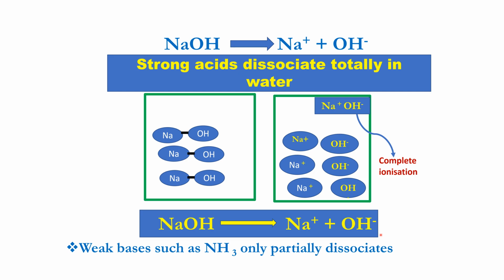This is only possible for strong bases. Weak bases, such as ammonia, dissociate partially. Their dissociation is not complete. Only strong bases dissociate fully into their constituent ions. Weak bases do not dissociate completely into their constituent ions.